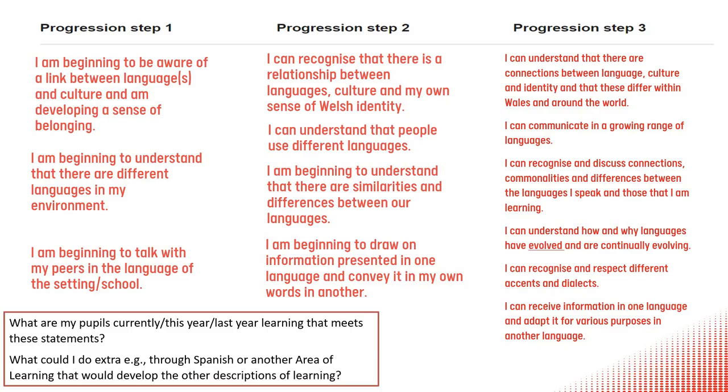And what could we do extra, without jumping into the nitty-gritty of international languages, but just thinking now about if we're introducing, for example, Spanish, or in another area of learning, how could we develop some of these other descriptors of learning if we haven't yet introduced Spanish or French or German, whatever it is? Having reread these and thinking in light of international languages, are there any ways currently that we could be helping our children to meet these progression steps?